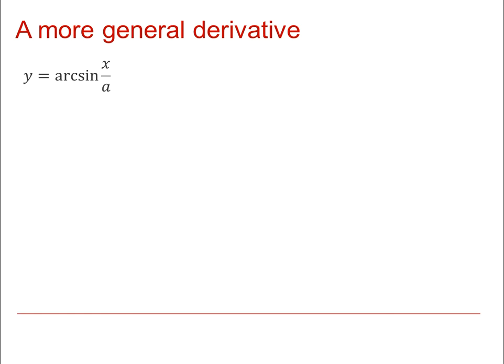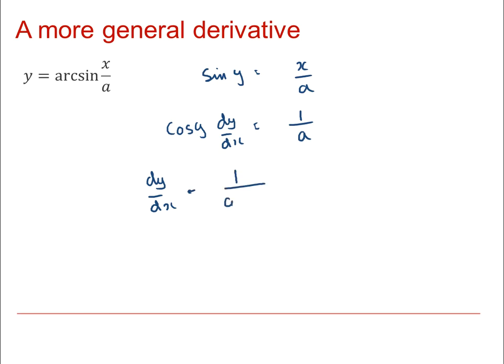A similar method can be used for a more general derivative, this time where we've got arcsin x over a, so that we can then write that sine y is equal to x over a. Differentiating, cos y dy by dx is equal to 1 over a, and therefore dy by dx must be equal to 1 over a multiplied by cosine of y.